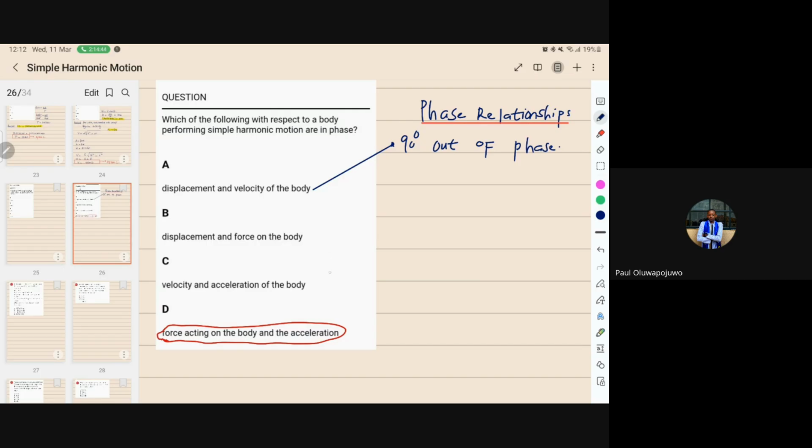Now, velocity and acceleration, they are 90 degrees out of phase as well.